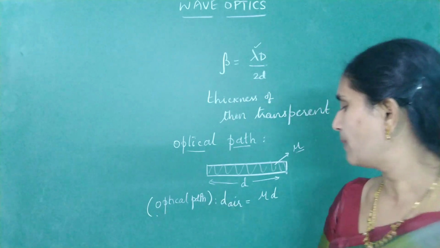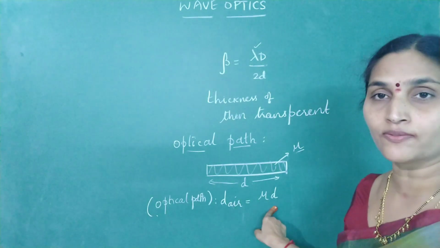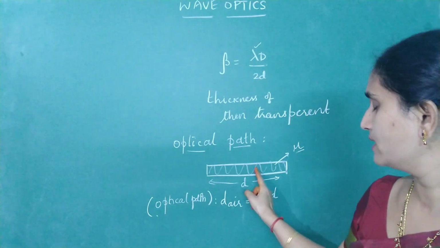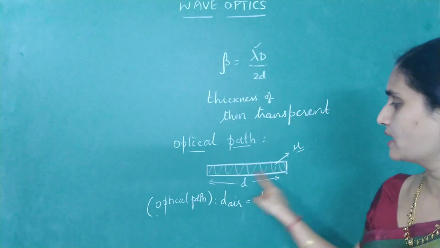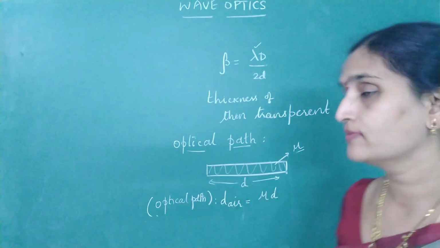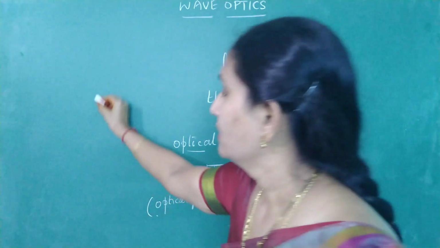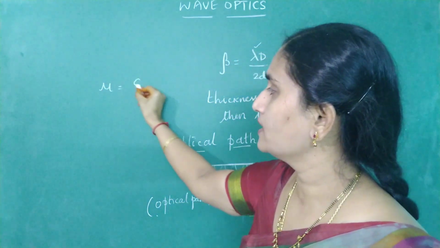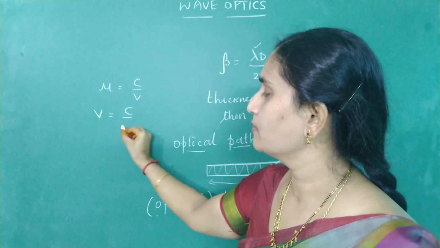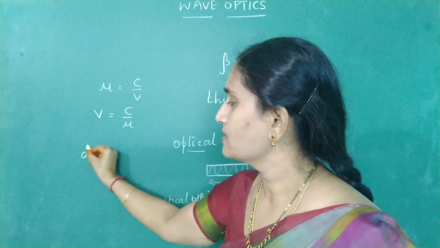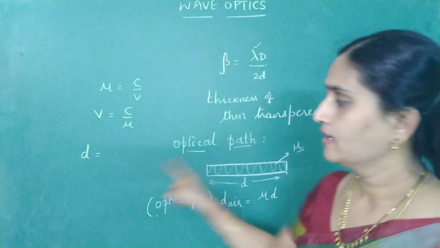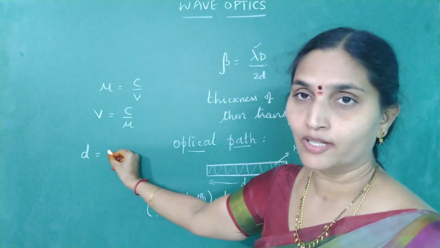So what is optical path? Equal to mu times d. Let's see how to derive this relation. Let us suppose light takes t seconds to travel a distance d inside the medium. We know the speed of light inside the medium, given by refractive index, is c by v. Can I write the speed of light inside the medium as c divided by mu? So the distance d it is travelling inside this material, I'll write as velocity into time.